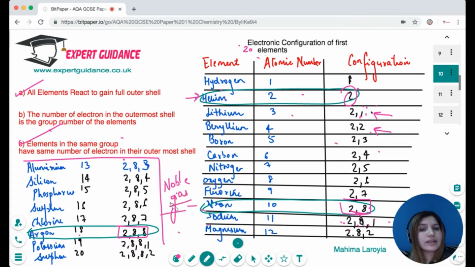On the other hand, to be stable, sodium has to lose one electron so that it can get a full outer shell configuration. Chlorine has to gain one electron in order to get a full electronic configuration. So this is how we analyze the electronic configuration, and these are all the pieces of information we can get from that.